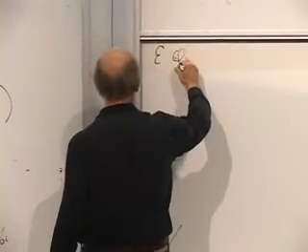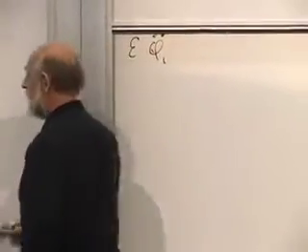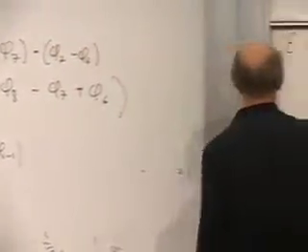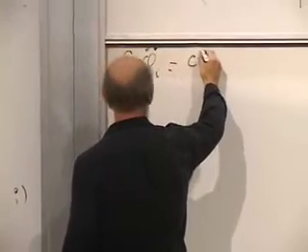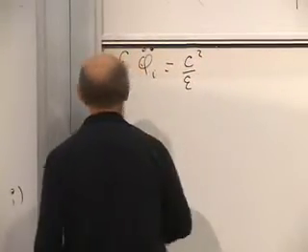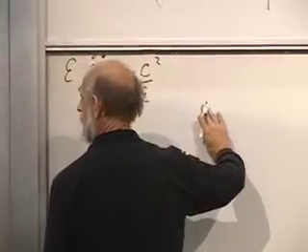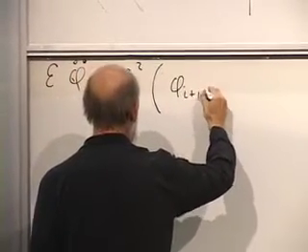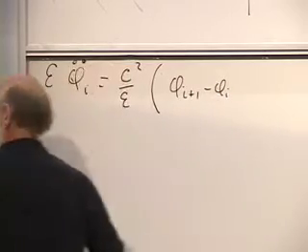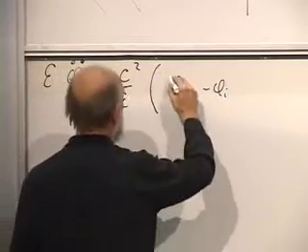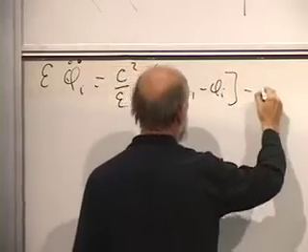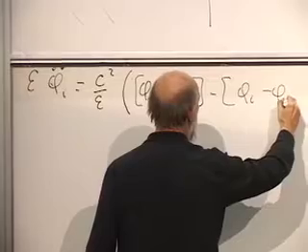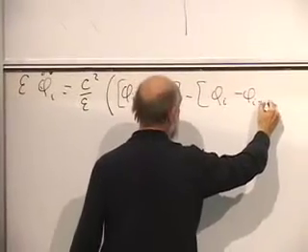Epsilon phi sub I double dot, I'm now letting 7 be I, is equal to c squared over epsilon times phi I plus 1 minus phi I, that's this one, minus phi I minus phi I minus 1.